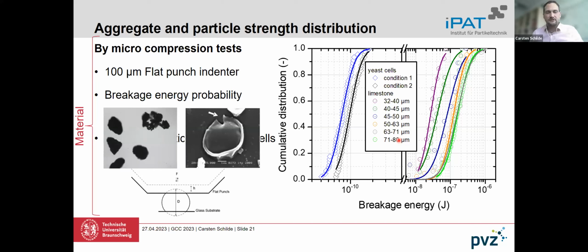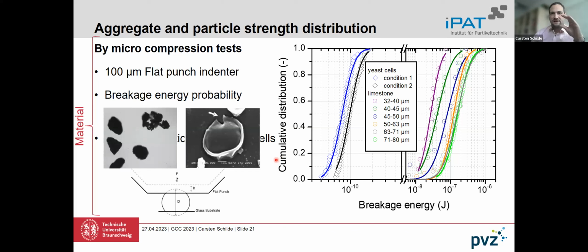Then I will show you how we are thinking about putting our stress energy distributions from the simulation into the breakage rate model for the population balance model. For that, we use the stress energy distribution, but we also need the strength energy distribution, or the breakage probability distribution of our materials, since we have to compare both of them. Here we measure them with the nanoindentation device.